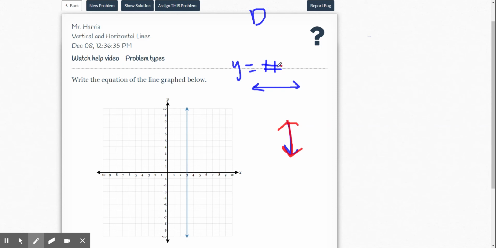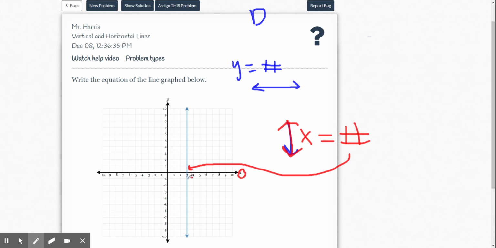Interesting. So if y equals a number gives us a horizontal line, what axis do you guys notice this vertical line's going through? It's going through the x-axis. So if you get a vertical line, that's just going to be x equals a number. And that number is based off where it is going through on the x-axis. So where's this line going through on the x-axis?